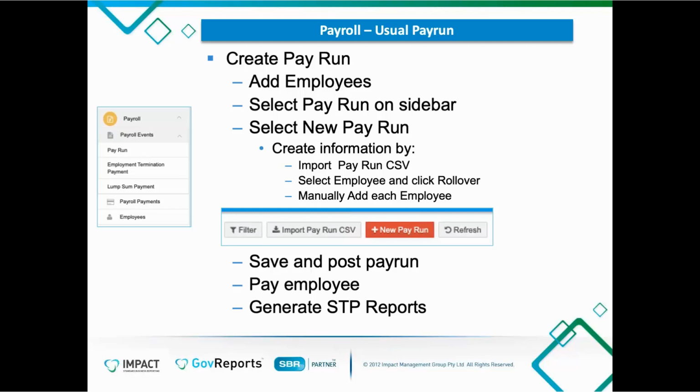You can select the employee and click rollover, and we will have a look at that, and then you can manually add, and as you'll see, the button there says plus new pay run. You save and post your pay run, and then you pay your employees, and then of course you can generate your single touch payroll report.